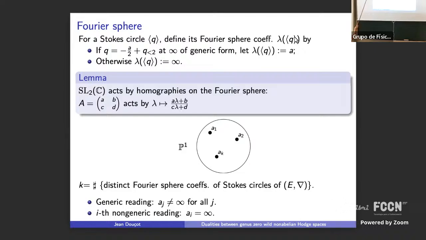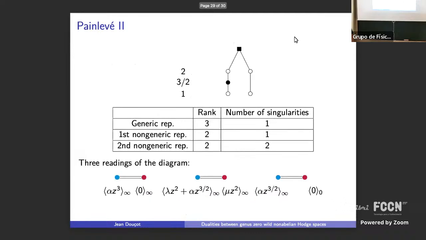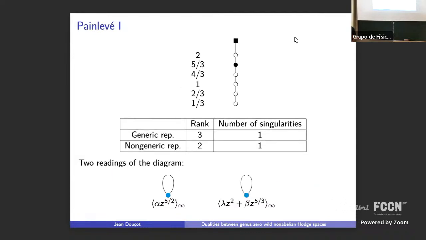The generic case corresponds to the case when none of those coefficients is at infinity. And the other reading corresponds to the case where one of those coefficients is at infinity. This explains why there are k+1 situations: either none of those coefficients is at infinity, or one of them is. And so you have k+1 cases.